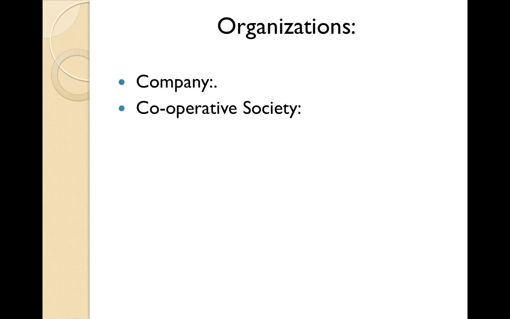Cooperative society. A cooperative society is a legal organization, so a cooperative society can purchase the shares of another company and become a member of the company. Limited liability partnership.